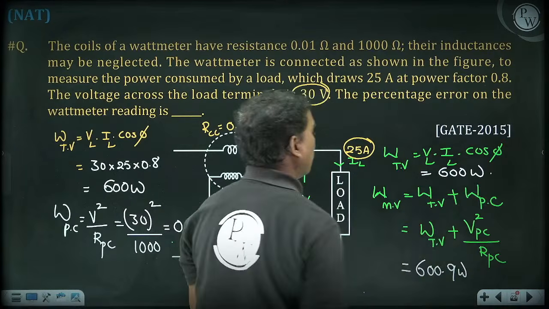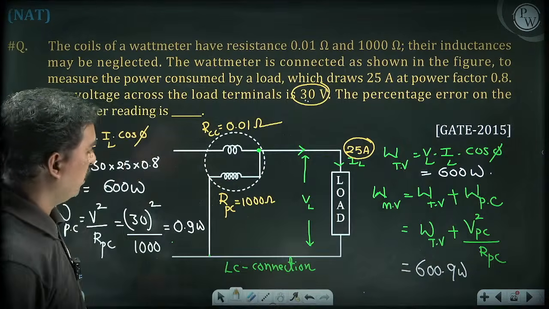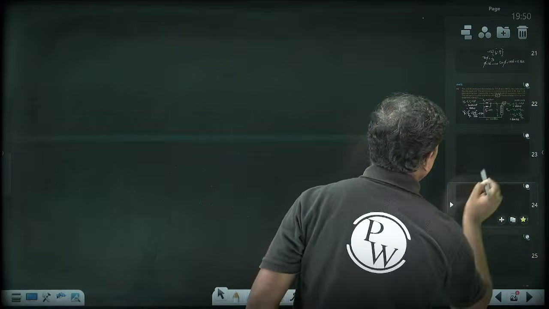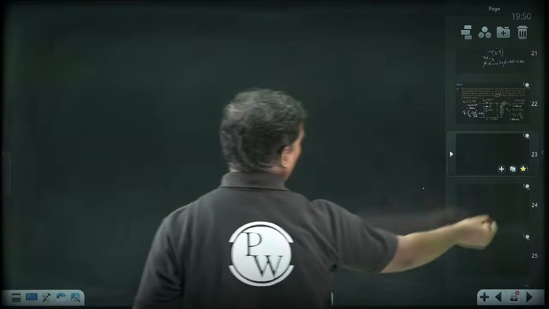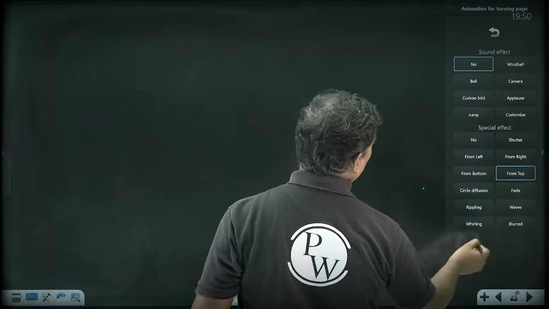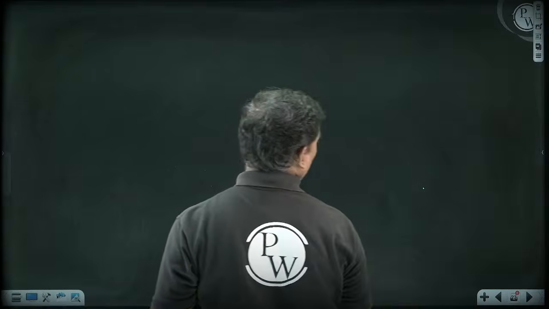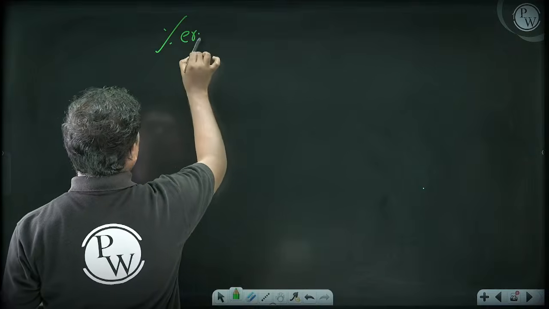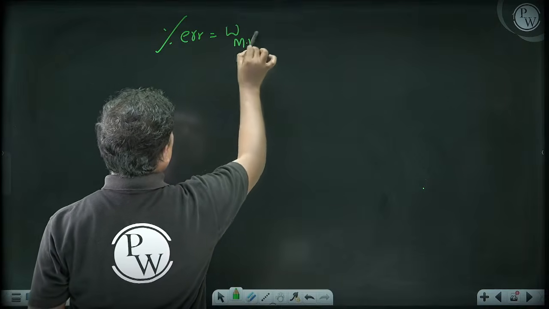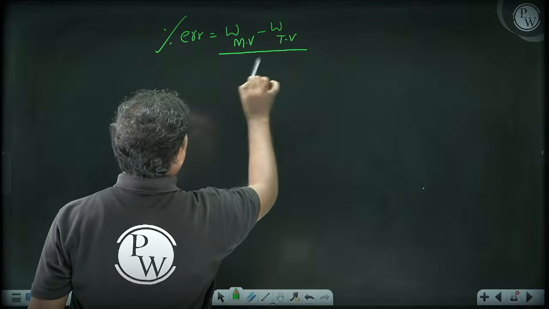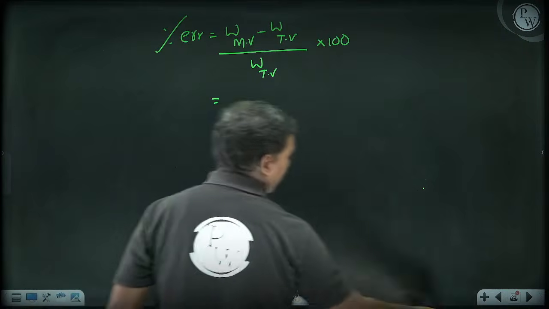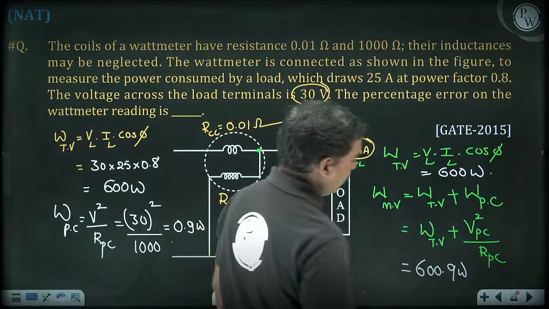So if you calculate the percentage, how much is the percentage error? The question asked is the percentage error, my friends. What is the question asking? It is asking the percentage error. So percentage error is equal to measurement value minus true value, divided by true value, into 100. How much is the measurement value? 600.9.